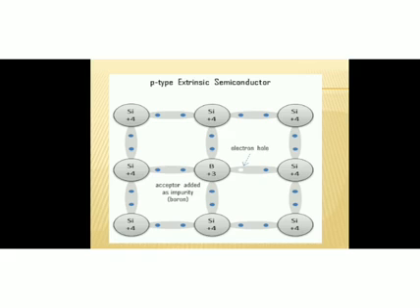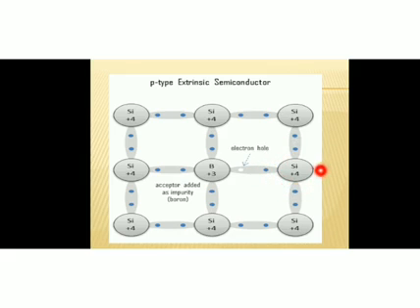So here you can see, to a germanium or silicon crystal, some amount of trivalent impurity such as boron is added. What happens? When boron is added, one of the silicon atoms is replaced by a boron atom. This boron atom has only 3 valence electrons, but the silicon atom has 4 valence electrons.